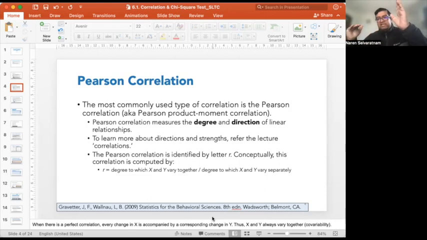When this changes, this also changes. There is no way that this is going to change but this doesn't, because this is a linear relationship. That is exactly how a positive correlation would work. If there's no correlation, yes, it might not change. But in a positive correlation, when this changes, this has to change. So x and y both changing together is what we call the covariability.